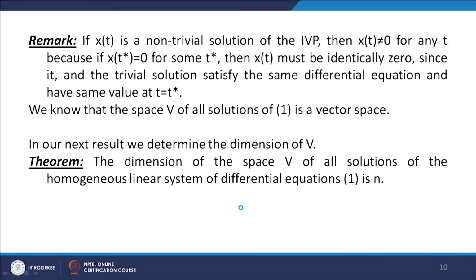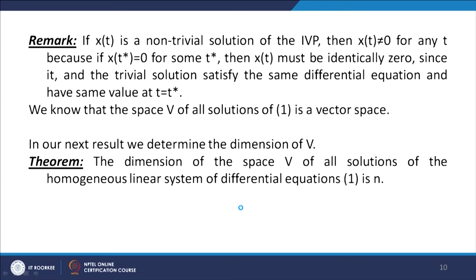Now, we have already seen that the space B of all solutions of (1) is a vector space. The question is how many linearly independent solutions of the equation x dot equal to Ax we must find, so that we can write the general solution. That question is answered by this theorem.